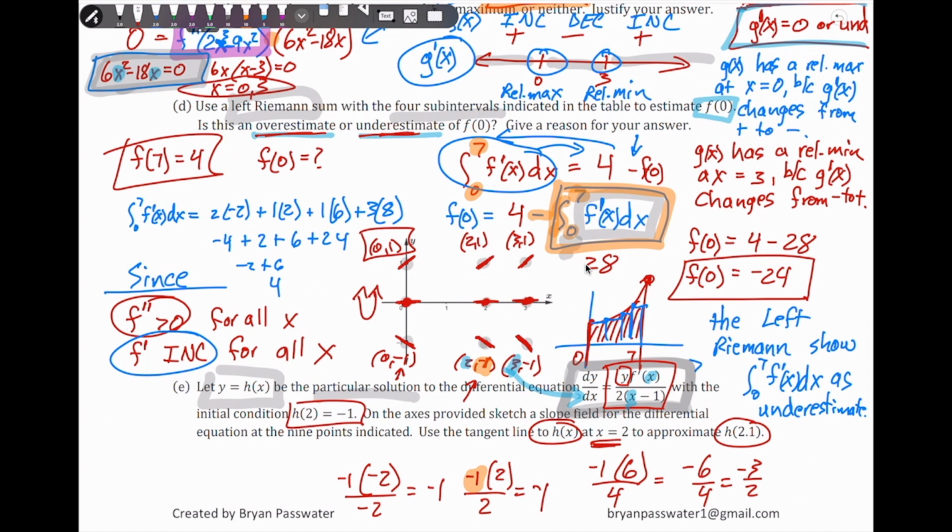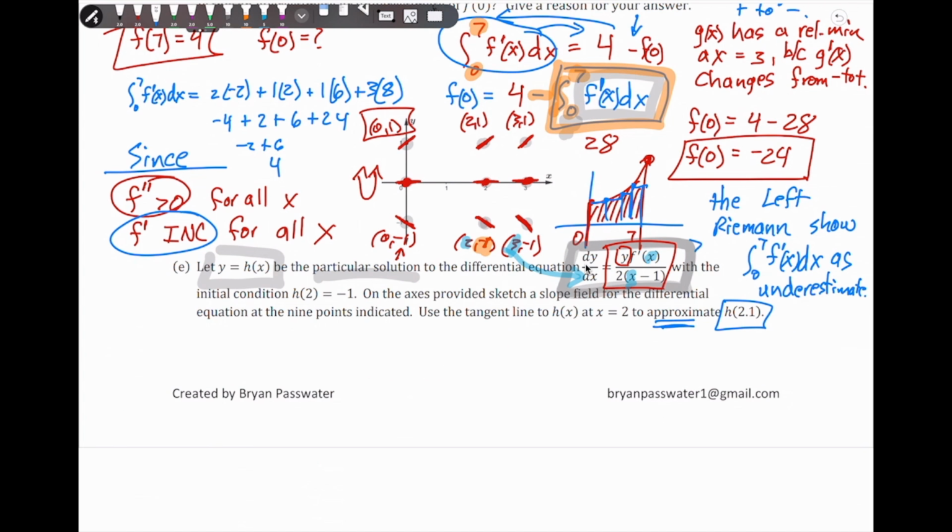Now all we have to do is use the tangent line to h of x so that we can approximate h of 2.1. Okay, so we need to develop an equation of a tangent line of y minus y1 equals m times x minus x1. Otherwise, y minus h of a is equal to h prime of a, because again, we're trying to approximate h, and it's going to be x minus a.